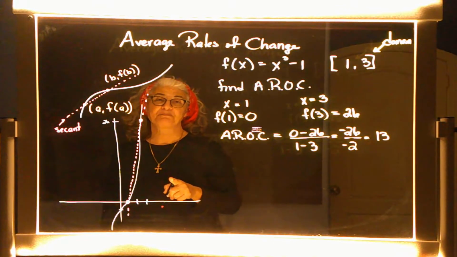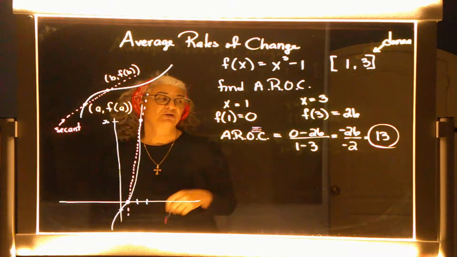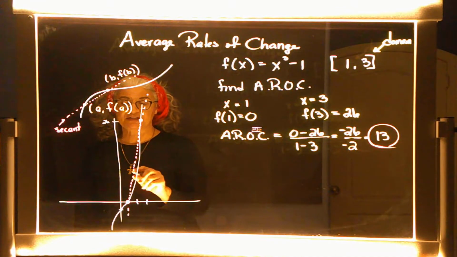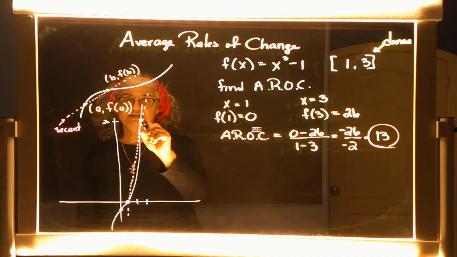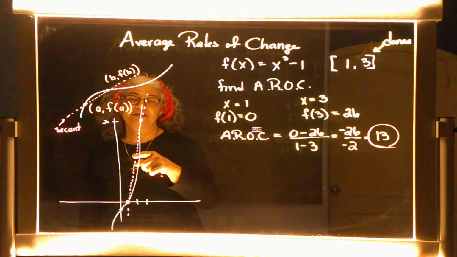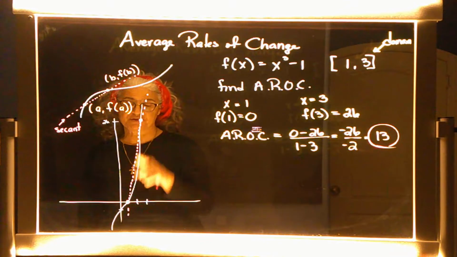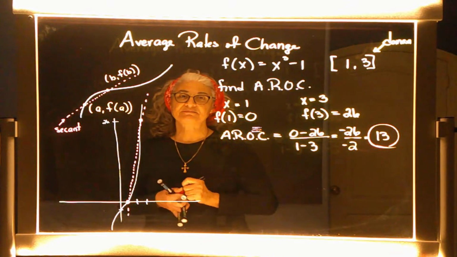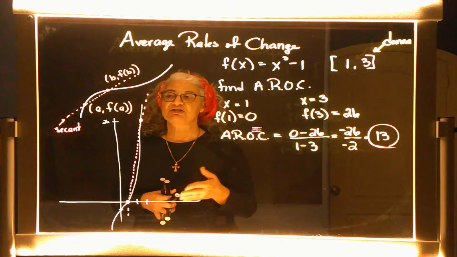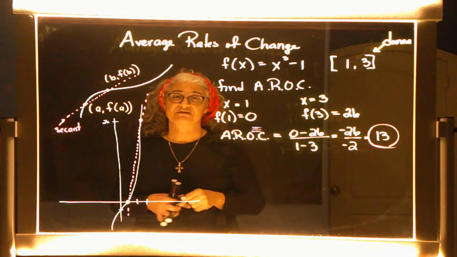And the slope of that secant line is 13. 13 over 1, which means from here you go up 13 and over 1 and up another 13 over 1, and you keep on going, so to speak, and that would be the average rate of change for that secant line. Good? Cool. So average rate of change is used for non-linear functions.